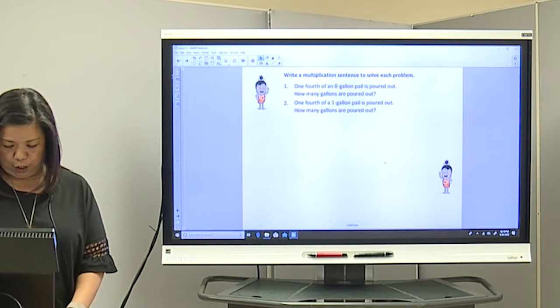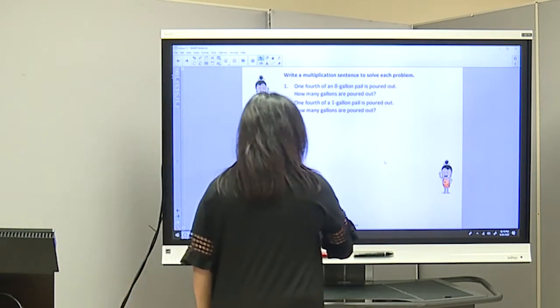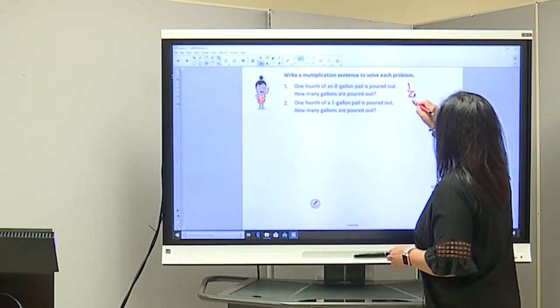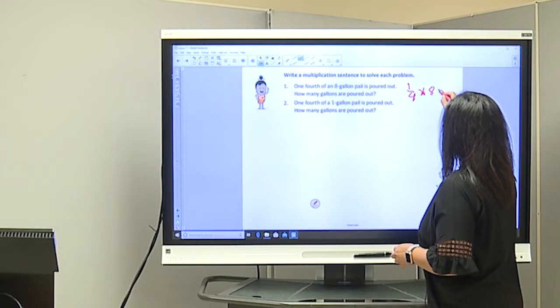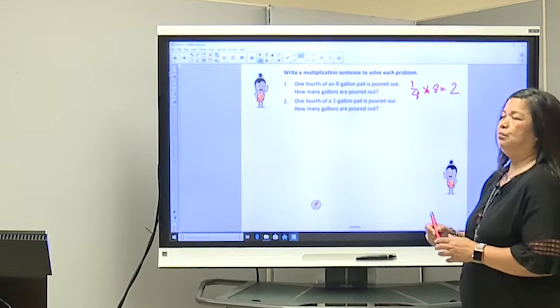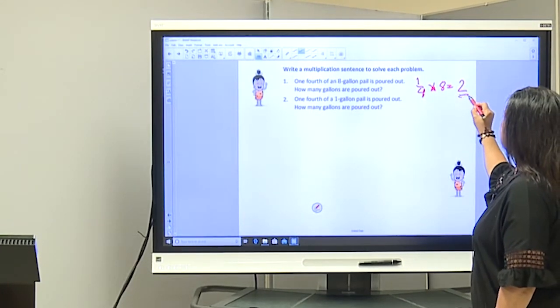How many gallons are poured out? So 1/4 times 8 equals 2. All right? So how many gallons are poured out? 2 gallons are poured out.